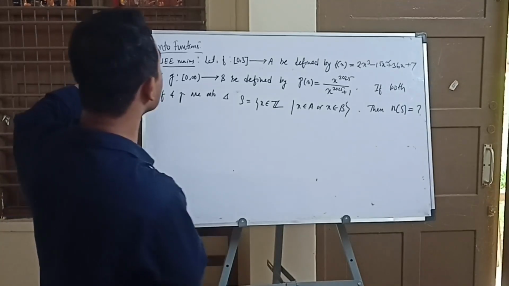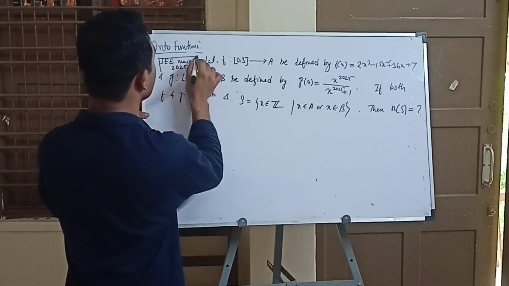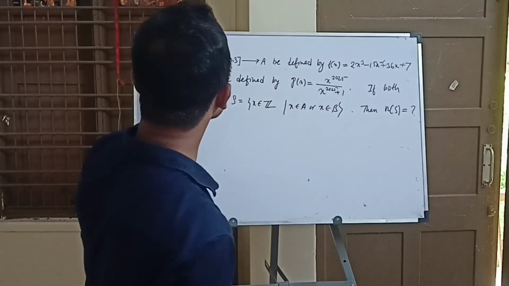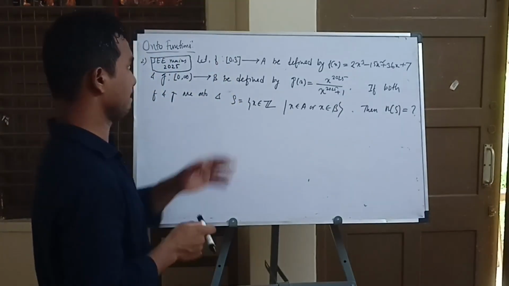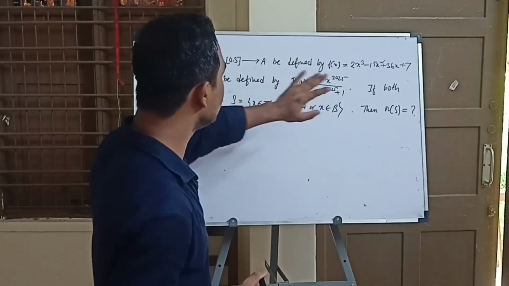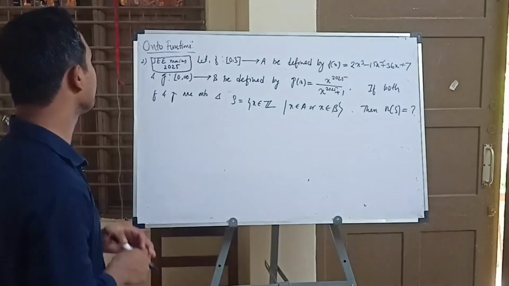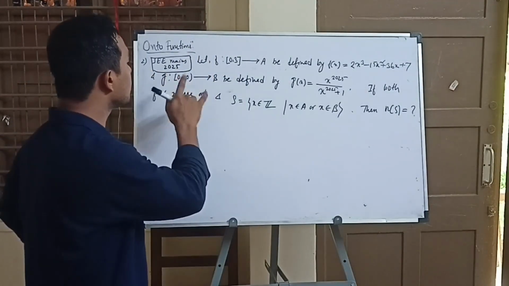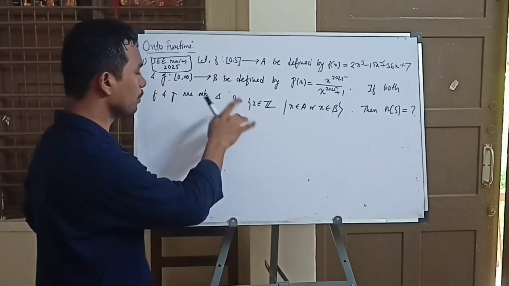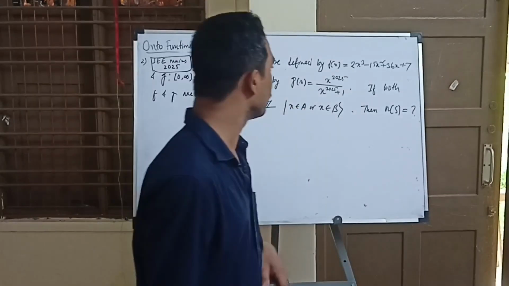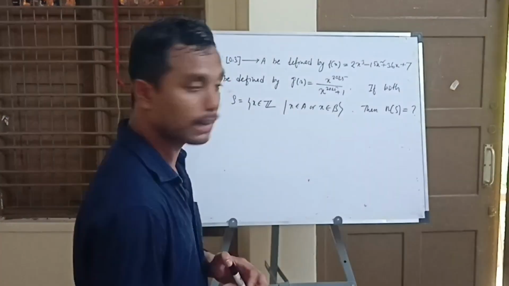This question was asked in JEE Mains 2025. These are recent questions. Let there be a function f, the domain is the closed interval 0 to 3 and the range is A, defined by f of x equal to 2x cube minus 15x square plus 36x plus 7, and g has domain 0 to infinity and range B, defined by g of x equal to x to the power 2025 divided by x to the power 2025 plus 1.